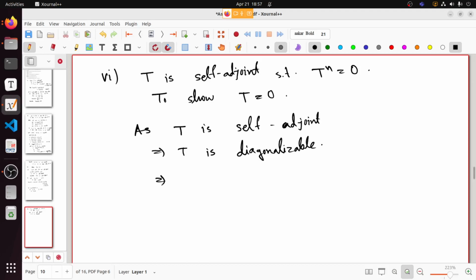So which implies again there exists an orthogonal matrix O, which is invertible, such that you can write T equals O D O inverse, where D is the diagonal matrix.